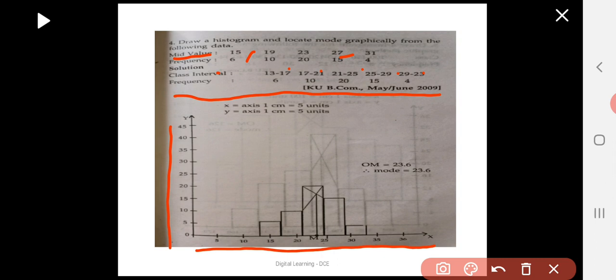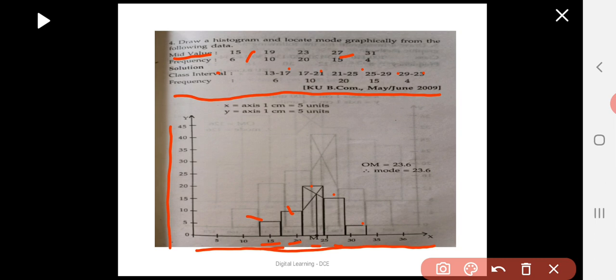If you look here, the first class interval 13 to 17 has frequency 6. 17 to 21, frequency is 10. 21 to 25, frequency is 20. 25 to 29, frequency is 15, and 29 to 33 it should have been, okay, 29 to 33, frequency 4.